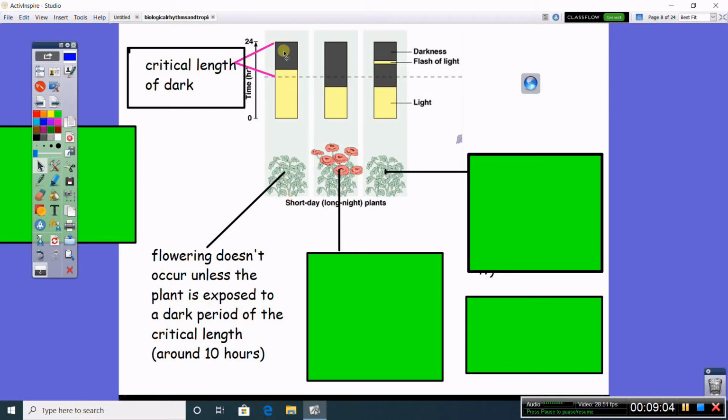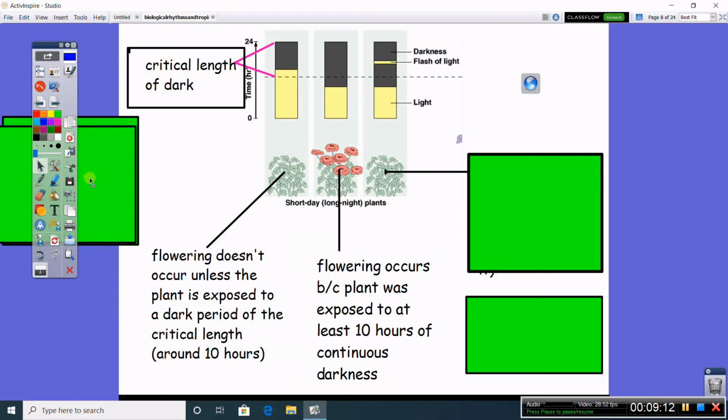This plant was not exposed to 10 hours of continuous darkness, so it did not flower. In this plant, flowering did occur because it was exposed to at least 10 hours of continuous darkness. The amount of darkness from here to there is the minimum amount that plant needs in order to flower. It got more than that, therefore the plant flowers.